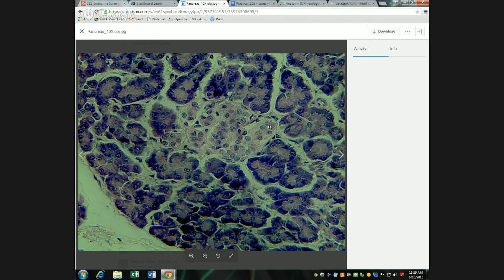Now, the reason why the pancreas gets a lot of attention as an endocrine gland, even though that's a very minor part of what it really does, is because the hormones that are released here are pretty well known, or at least one of them is. It releases insulin, which I'm sure you've all heard of before. It also releases glucagon, which is the antagonist, if you will, to insulin.